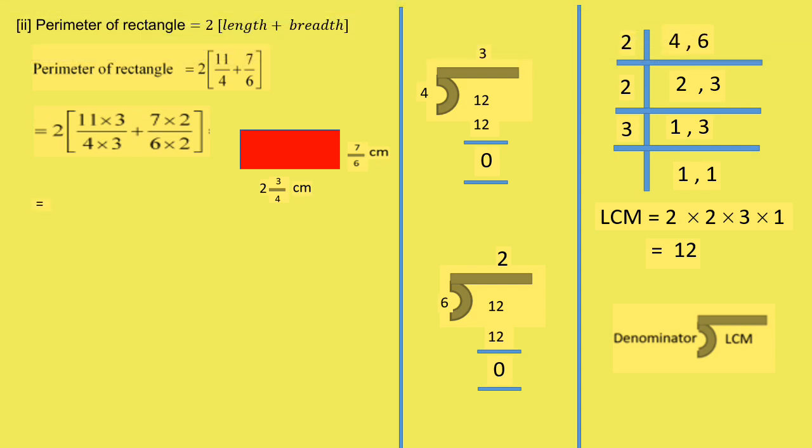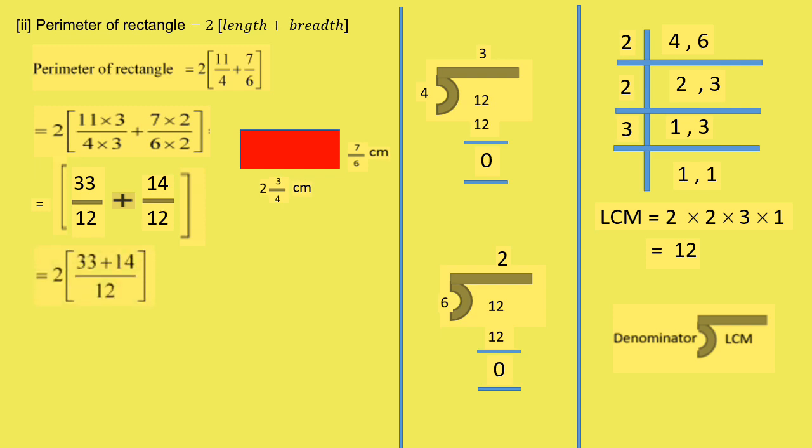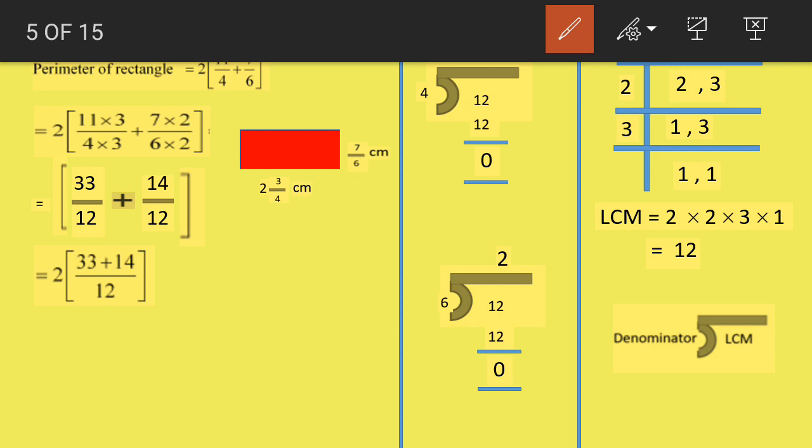Next, 11 3s are 33, 4 3s are 12, 7 2s are 14 and 6 2s are 12. 2 will come as it is. 33 by 12 plus 14 by 12. Here 2 will come.